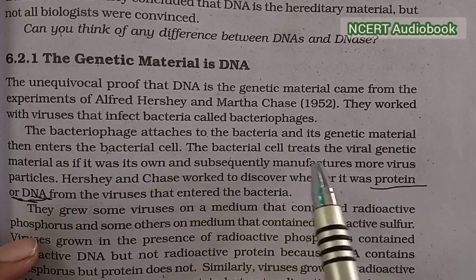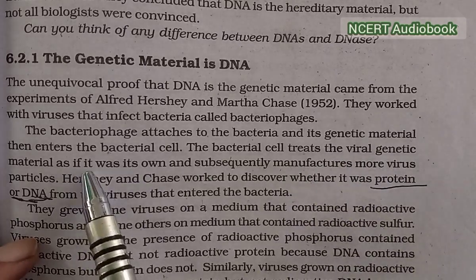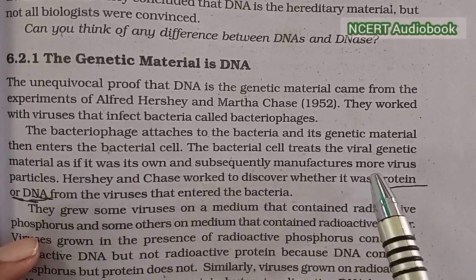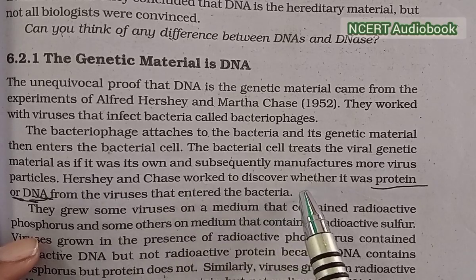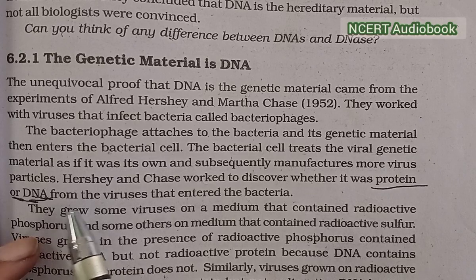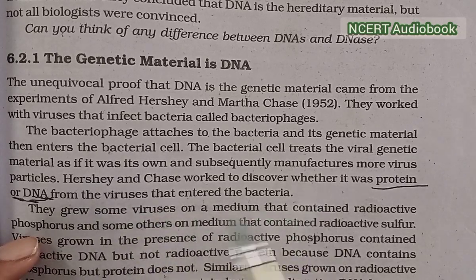The bacterial cell treats the viral genetic material as if it were its own and subsequently manufactures more virus particles. Hershey and Chase worked to discover whether it was protein or DNA from the virus that entered the bacteria.